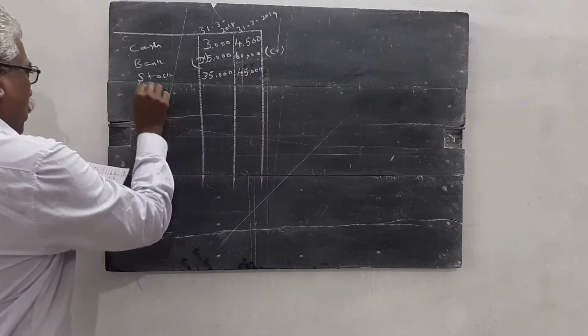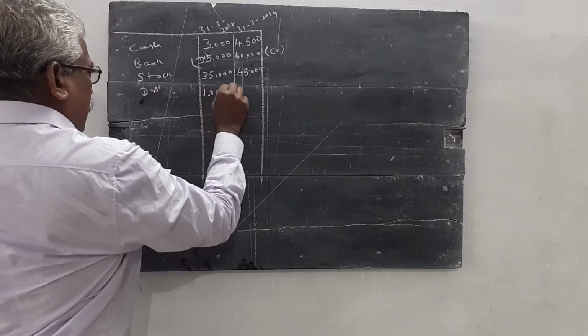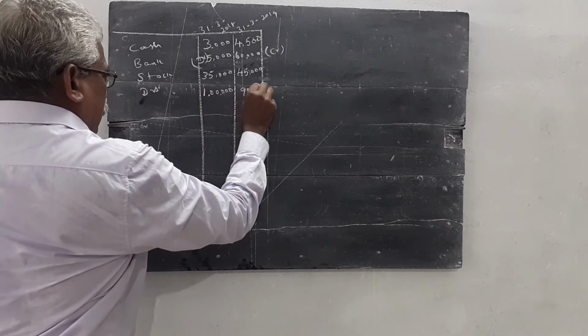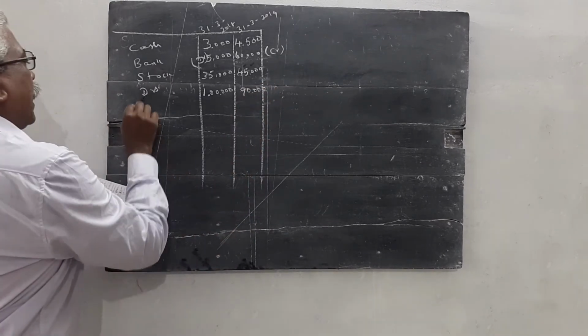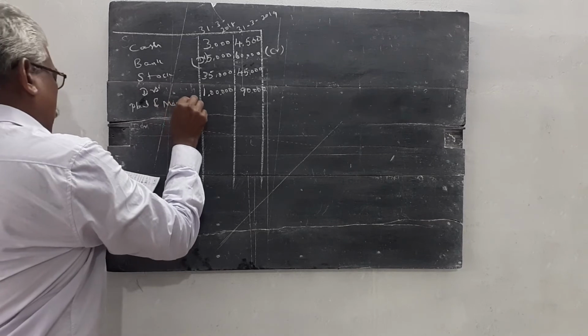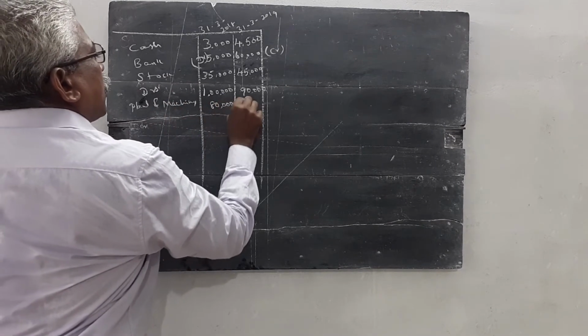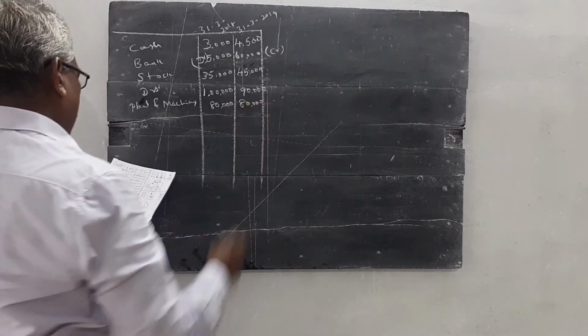Then debtors, here 1 lakh, here 90,000. Then plant and machinery, here 80,000, here also 80,000.